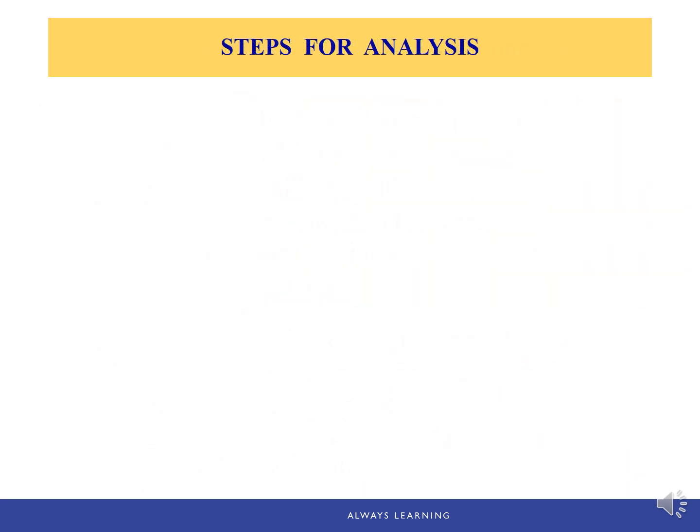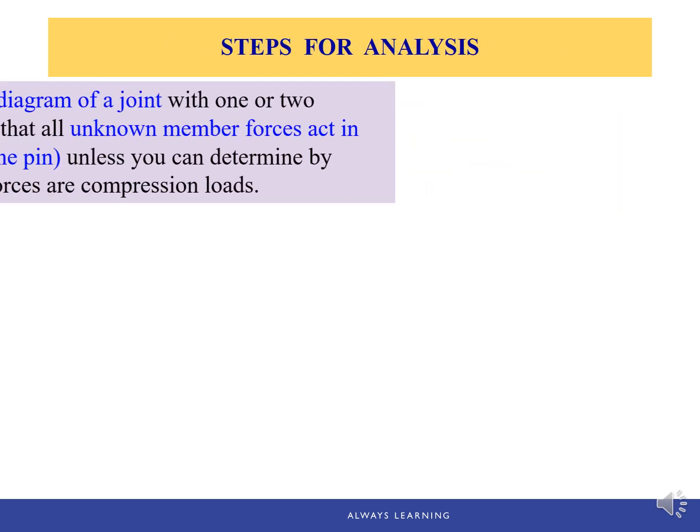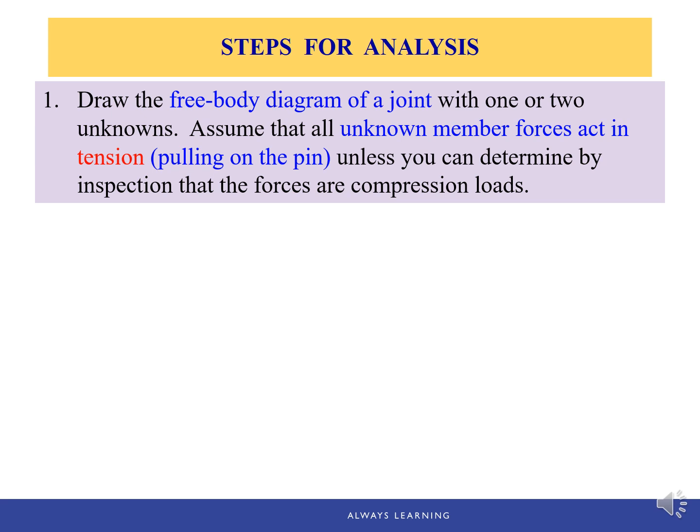Let's take a look at the steps for analysis. First, draw the free body diagram of a joint with one or two unknowns. Keep in mind, this essentially is a 2D particle equilibrium problem. We can only write a maximum of two independent equilibrium equations and solve up to two unknowns.